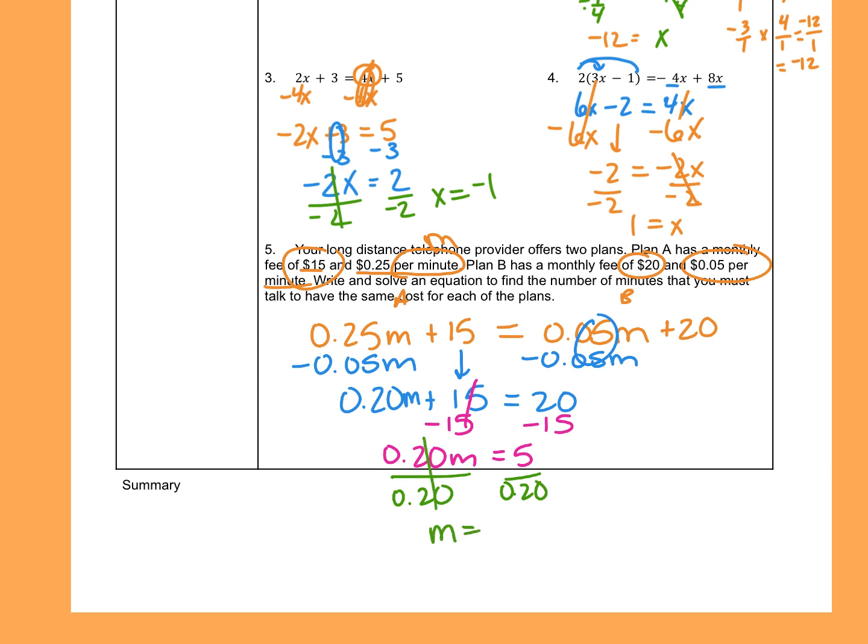And if I take 5 divided by 0.2, we get 25. And remember, m stood for minutes. So it says, find out the number of minutes you must talk for the same cost. So 25 minutes. So either plan, if I talk for 25 minutes, that'll be the exact same cost.